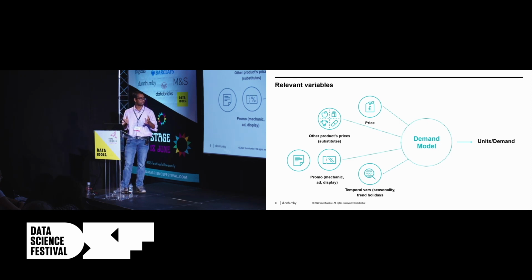And the display is just a prominent location in the store, where we put the products which are on offer. And then there are other temporal variables. If you think of a product like ice cream, it will sell differently in different seasons of the year. So seasonality is one of the key variables.